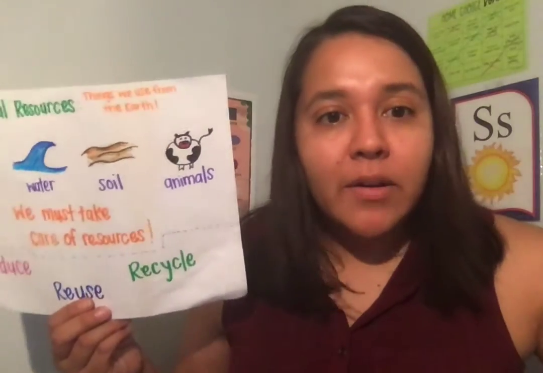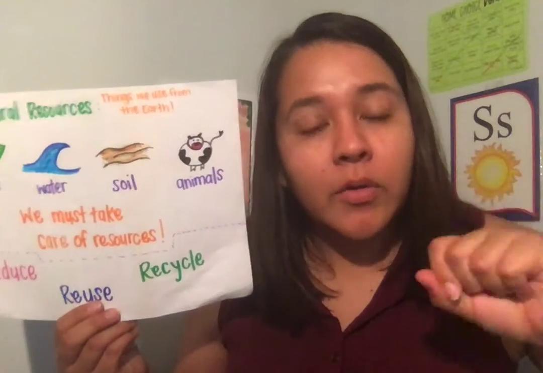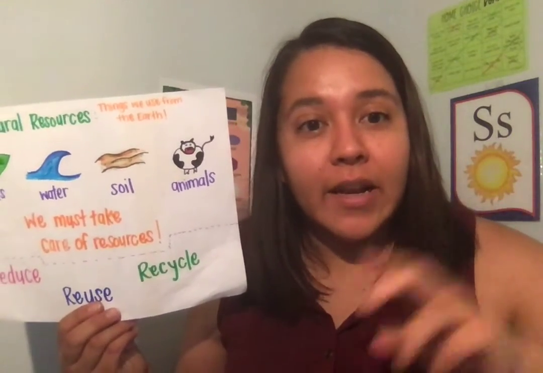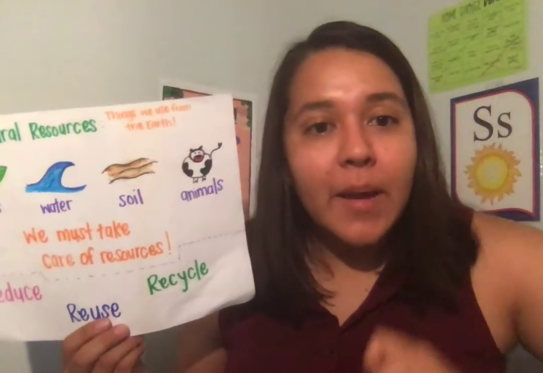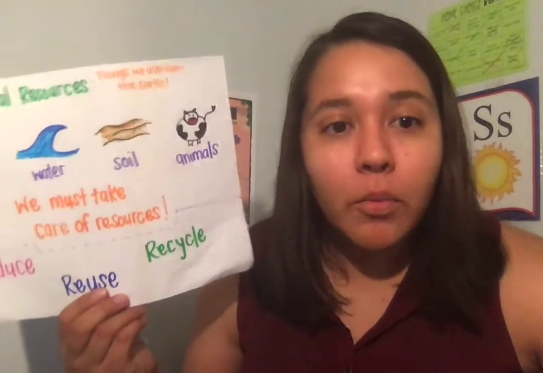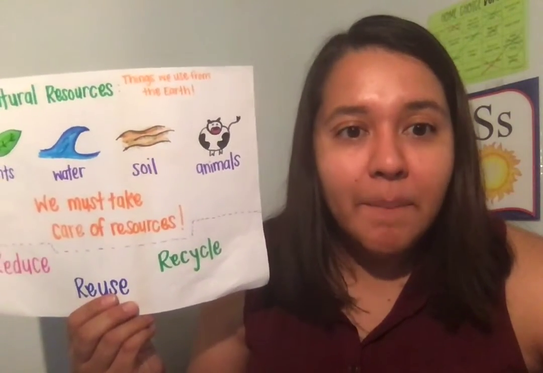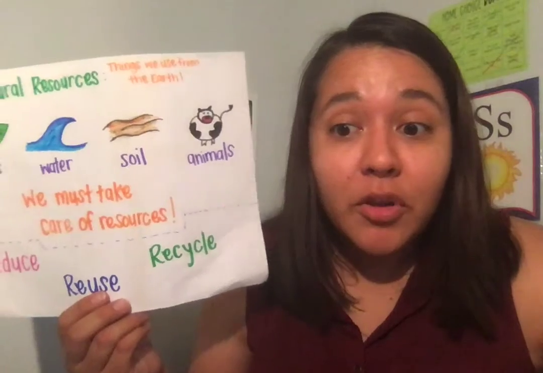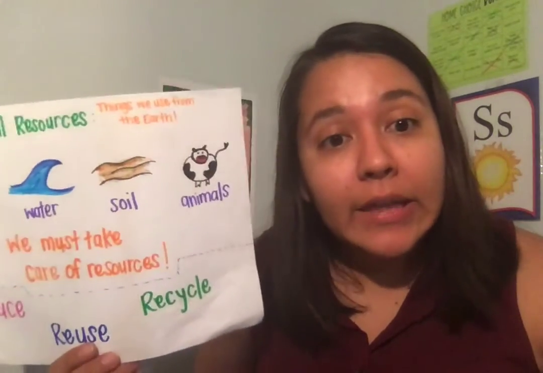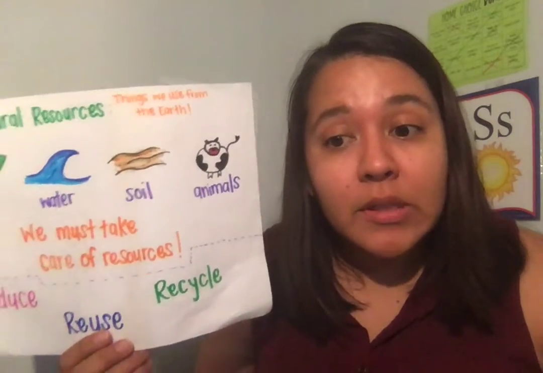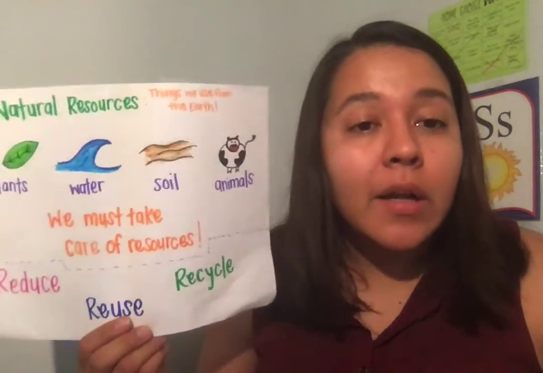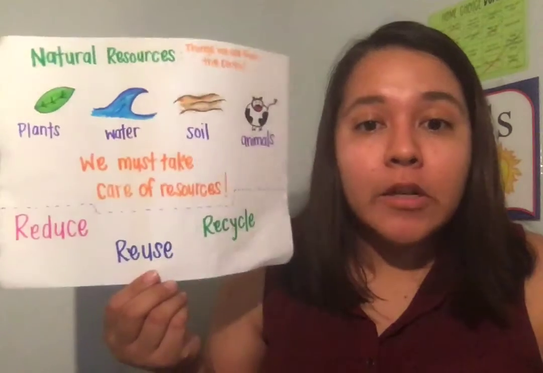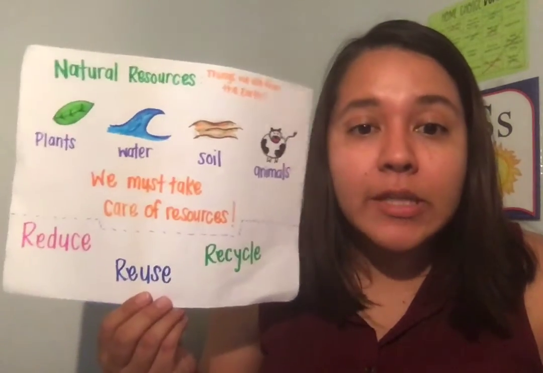Do you guys remember coloring your plastic water bottles with Sharpies, and then had Miss Cozy cut them and she made wind catchers with them? That's something you could recycle. You could recycle paper, you could recycle your cans and your water bottles, or cardboard, or your crayons. So there's lots of ways that you could recycle.